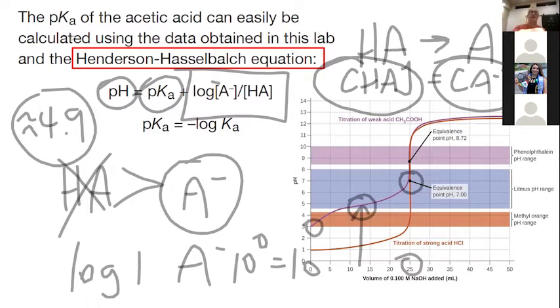So basically we can eliminate that, and at this point pH equals pKa. And when you look up the pKa for acetic acid, you'll see it's a little less than 5. So that's an accurate determination. Any questions?